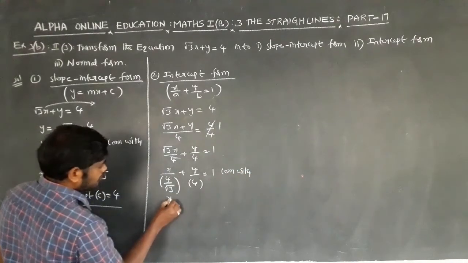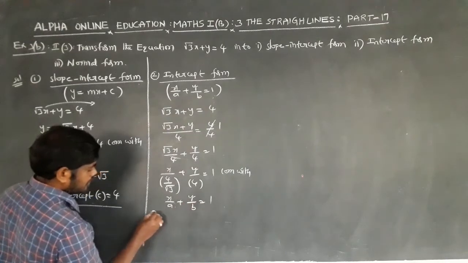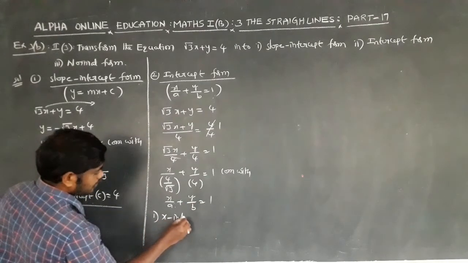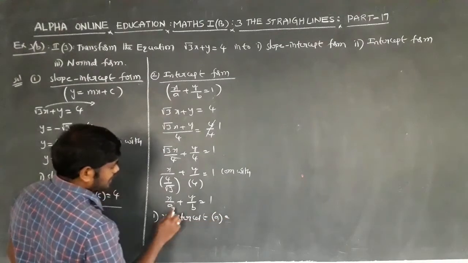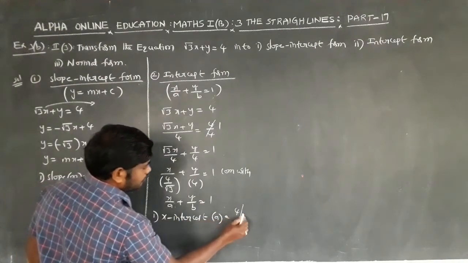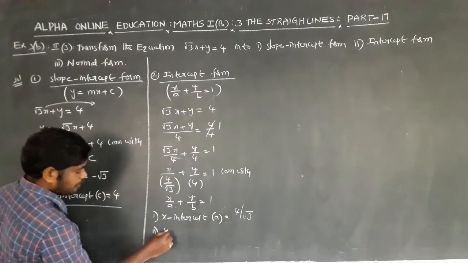Comparing with x/a + y/b = 1, first one is the x-intercept. The x-intercept a = 4/√3.